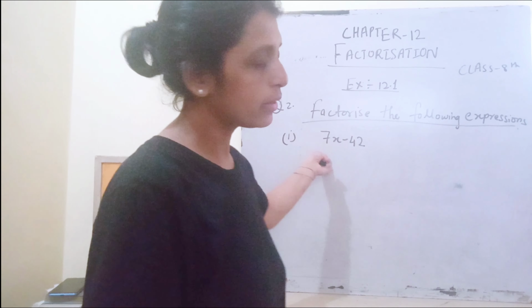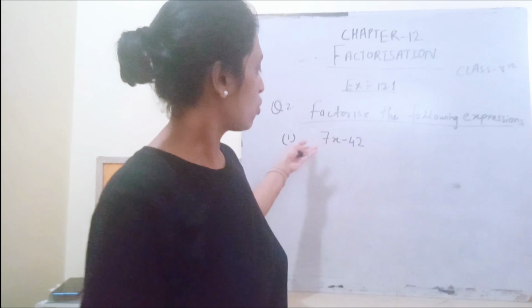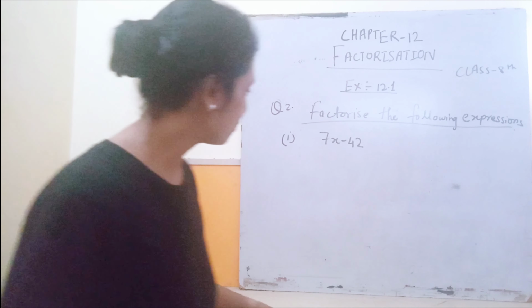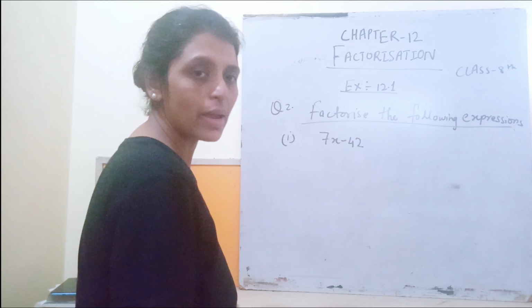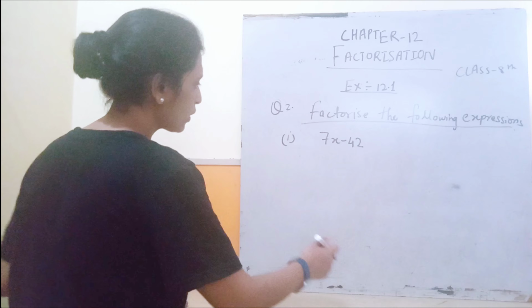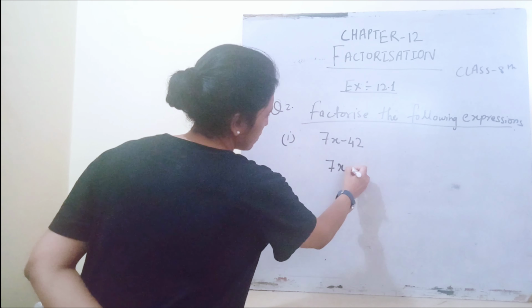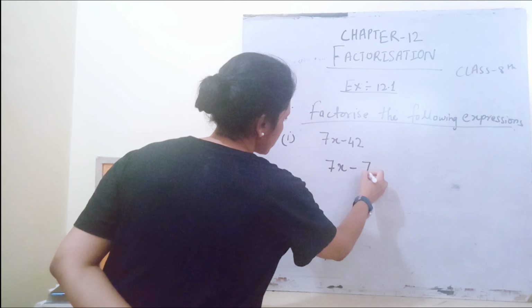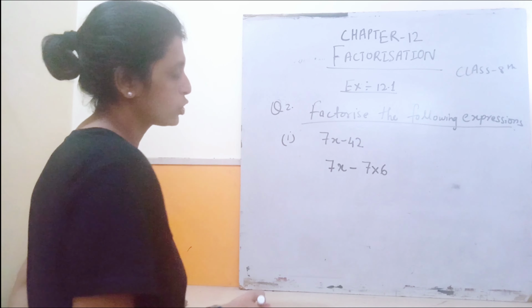We can apply the method of common factors here in order to factorize this algebraic expression. So we have 7x minus 42. How to factorize? 7x can be written as 7 into x, or 7x only, and 42 can be written as 7 into 6, since 7 sixes are 42.